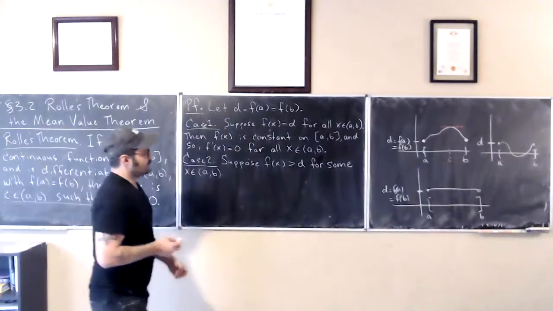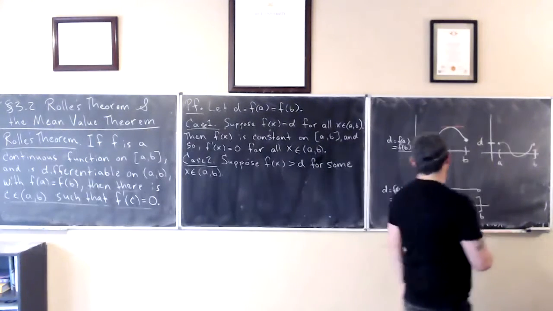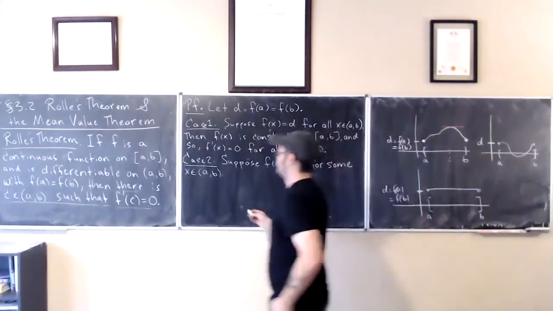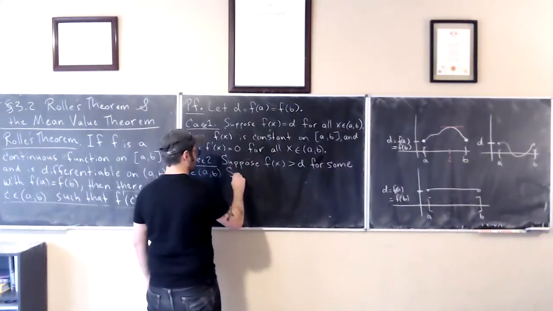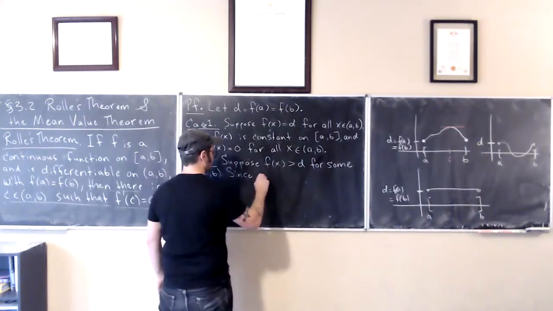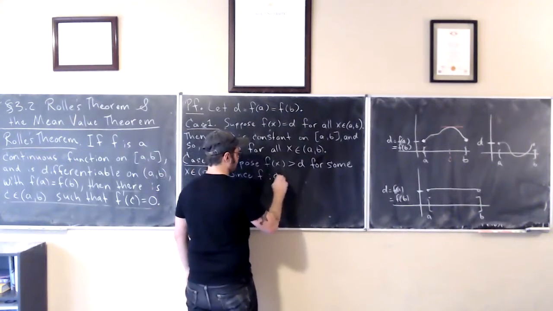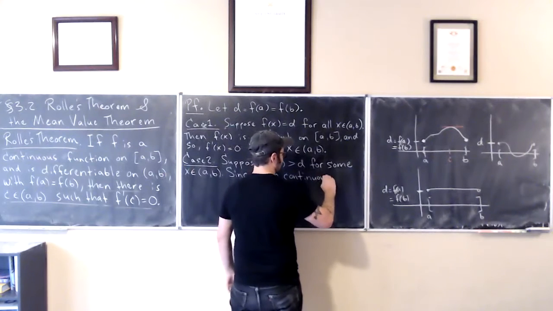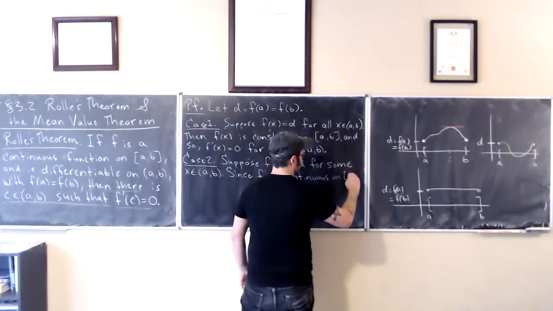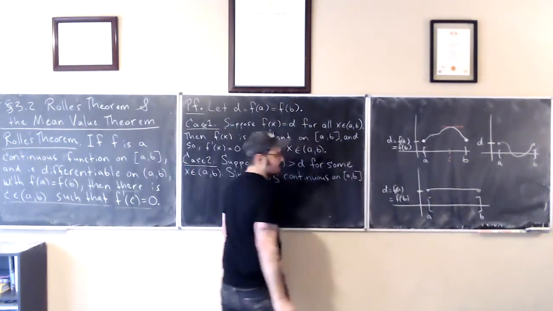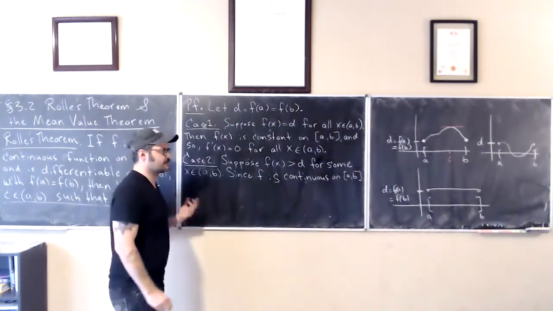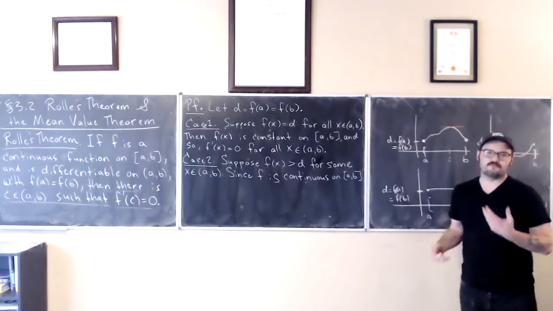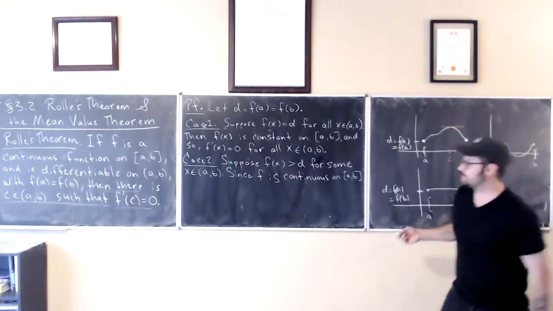So since f is continuous on the closed interval AB, if you recall, the extreme value theorem says the continuous functions on closed intervals obtain a maximum and minimum on that interval.